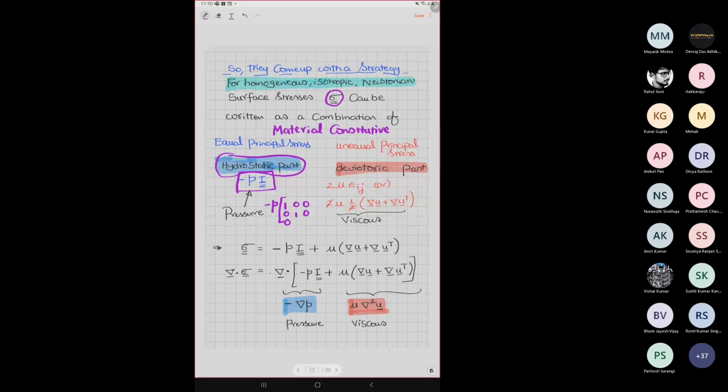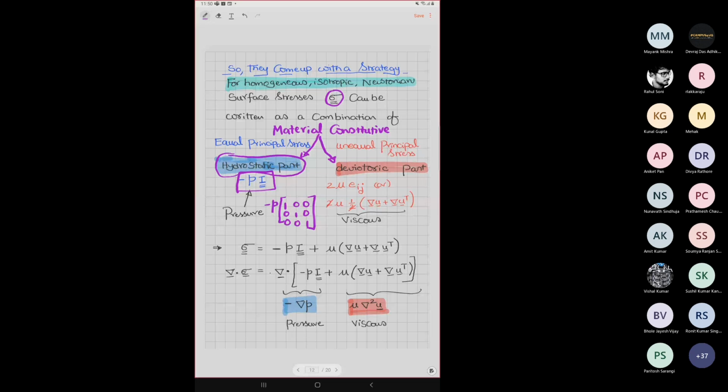Such a contribution, he has broken down this stress into one hydrostatic part where equal principal stresses act, and unequal principal stresses act, call that the deviatoric part. Why he is trying to split, shortly we will see.